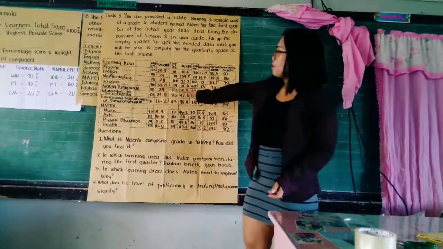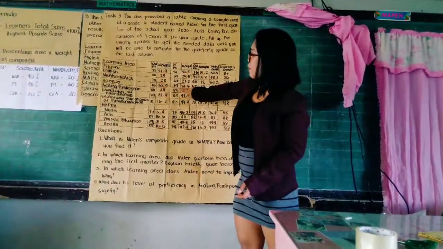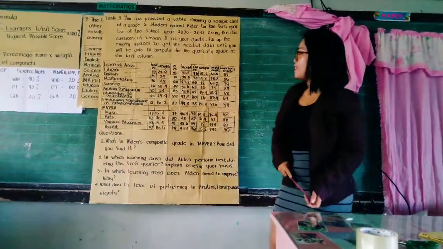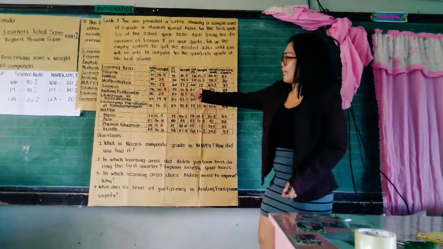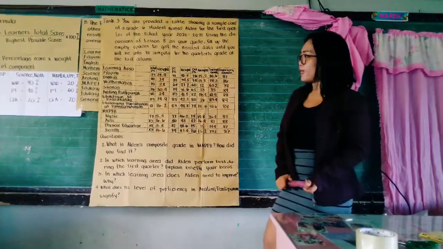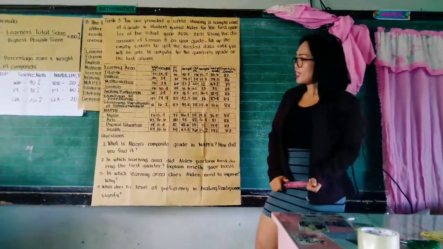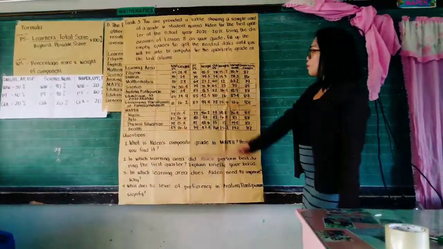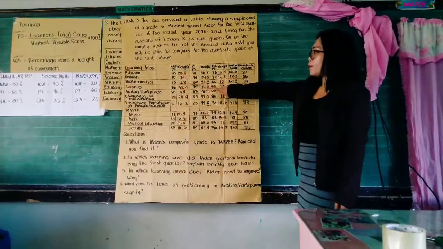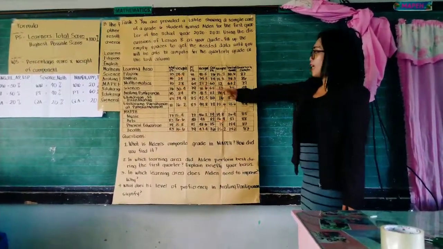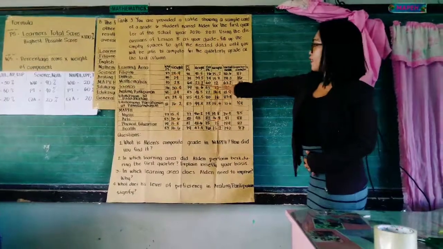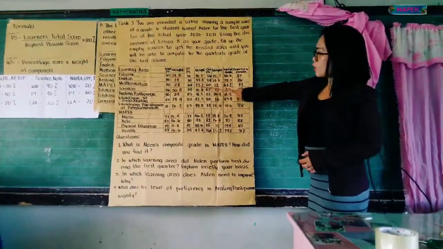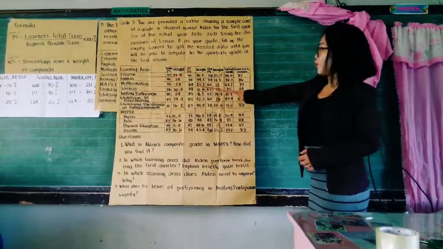Then, for Mathematics, 70 times 40% equals 28. 40% because the weight of the written works component in Mathematics is 40%. Then, 68 times 40% again for Mathematics equals 27.2.